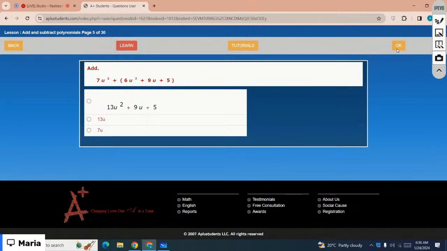The correct option is 13u square plus 9u plus 5. Option number 1 is the correct option, right?